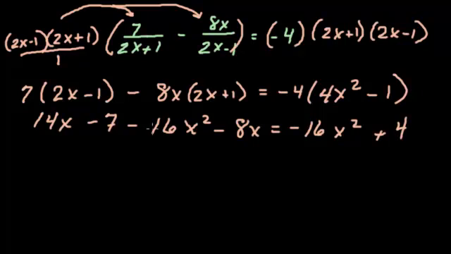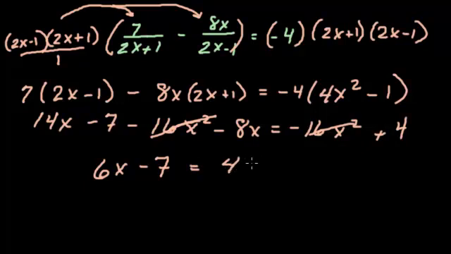Now I'll need to combine like terms. I've got a 14x minus an 8x, so that'll give me 6x on this side, minus 7. I think I'll add 16x squared to both sides, which is going to end up dropping this entire term. So that's handy. Equals, and then it looks like I just have a plus 4 over here.